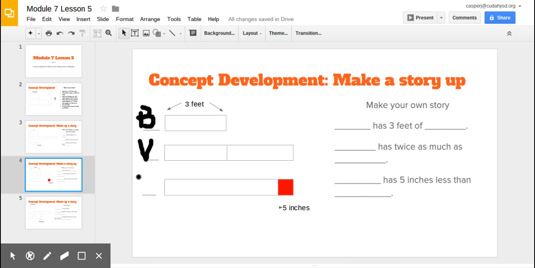And D for Debbie in this case. So we know how much Brenda has. Brenda has 3 feet of, let's say, rope.